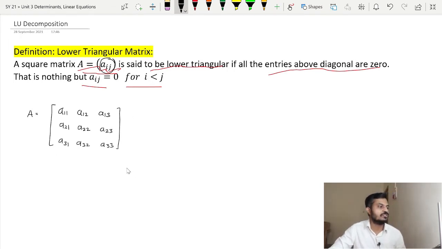So this is the notation that we are going to follow in this definition. Now according to the definition, all these values of Aij are 0 for i less than j. So i represents the first number and j represents the second number.